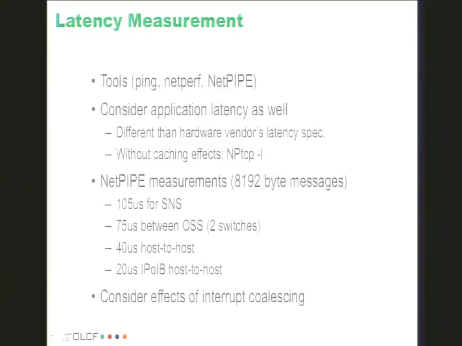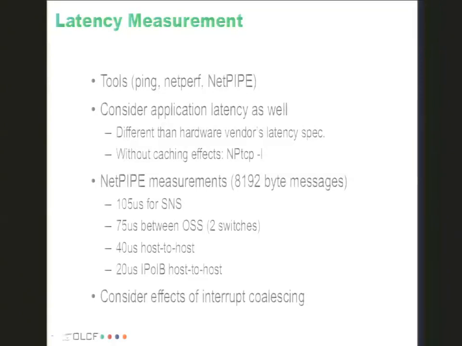We're interested in how long it takes to go up to memory, more application level latency. With netpipe, you can give it a -I option, which will invalidate the cache before the test, so you're doing a more accurate test of a transfer between a buffer in main memory on one host to a buffer in main memory on the other host.